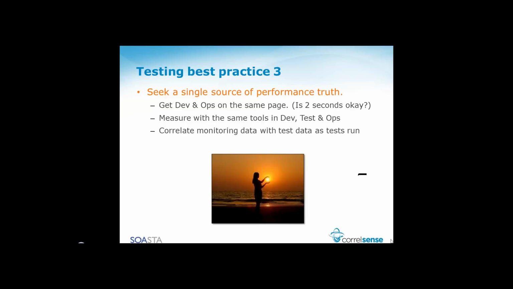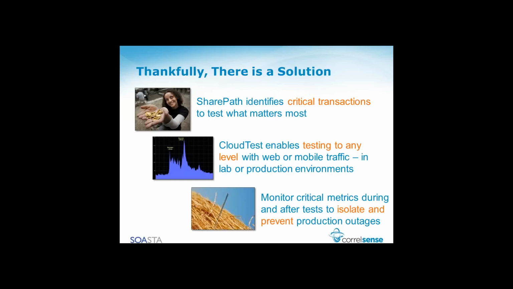And so to talk about that a little bit, let me just click. What SharePath is able to do for us is identify those most critical transactions. And if somebody could forward this deck for me, that would be great. Those critical transactions are, as I said earlier, the ones that are either most profitable for the business, which you would obviously identify as critical, but there's also ones that are risky to the system, that if a lot of users came in and actually did something, they may cause a crash.